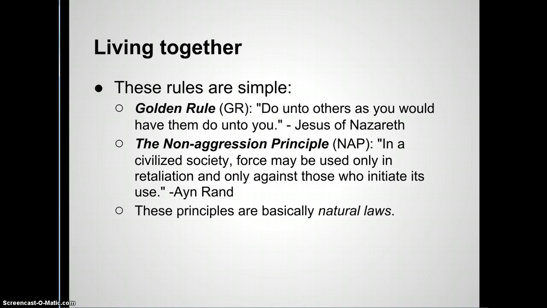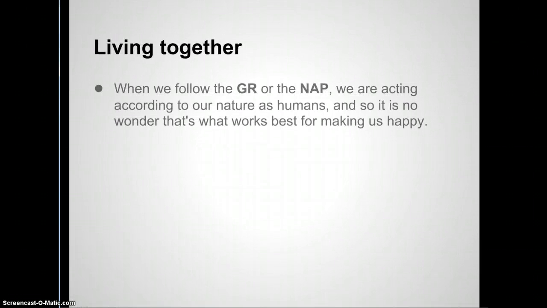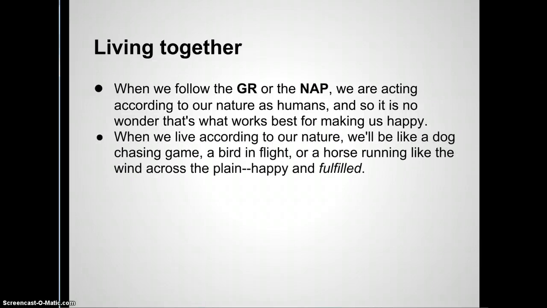These principles are basically natural laws. When we follow the golden rule or the non-aggression principle, we are acting according to our nature as humans, and so it is no wonder that's what works best for making us happy. When we live according to our nature, we'll be like a dog chasing game, a bird in flight, or a horse running like the wind across the plain, happy and fulfilled.